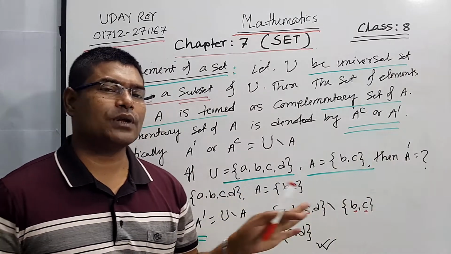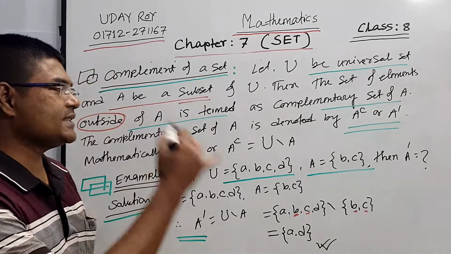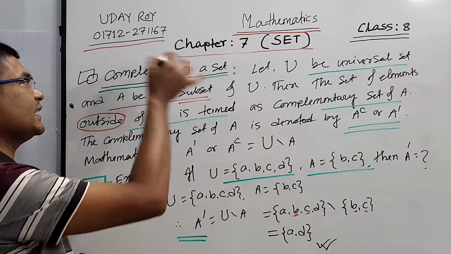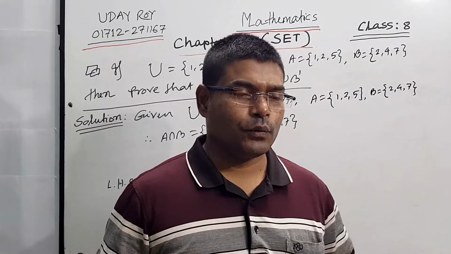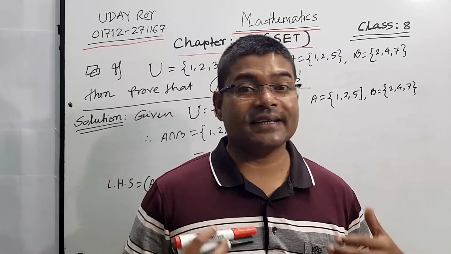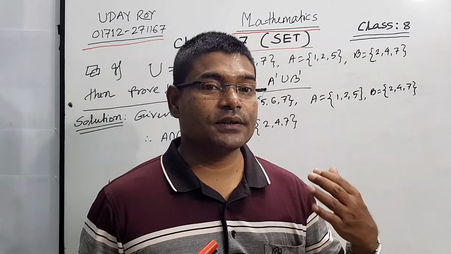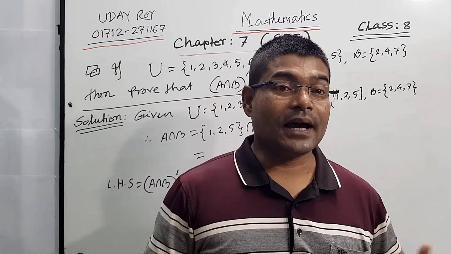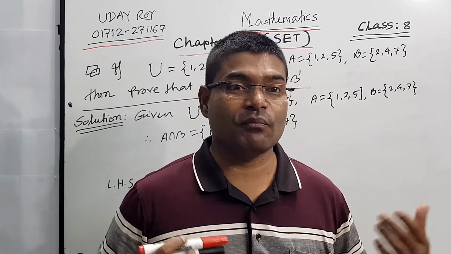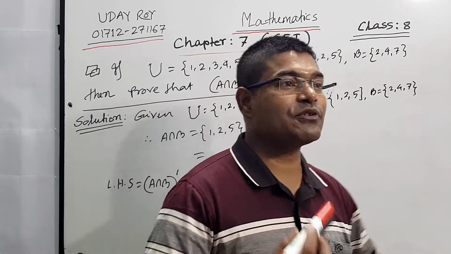Let's come back to the board. We will do some examples related to complement. We have done union and intersection, and we have learned the complement of A, and we have got the rules mathematically. Now we will have to prove that.